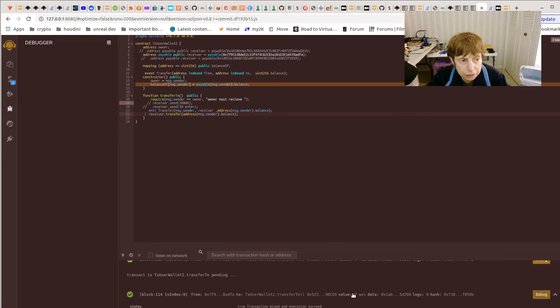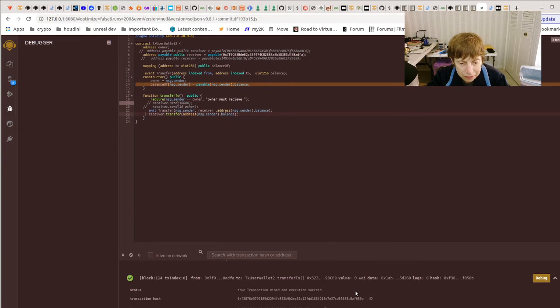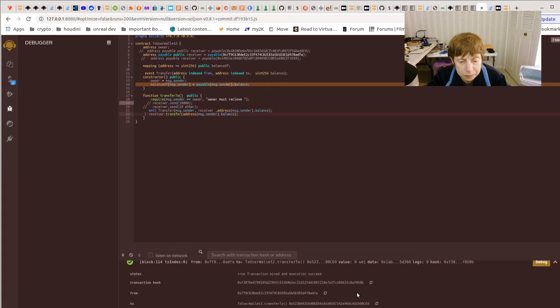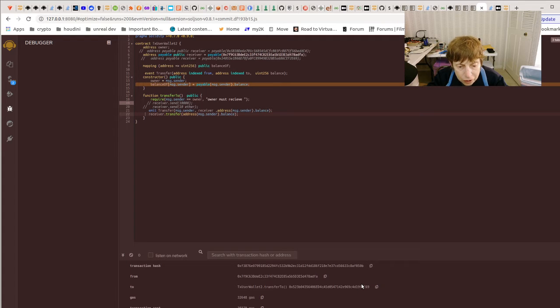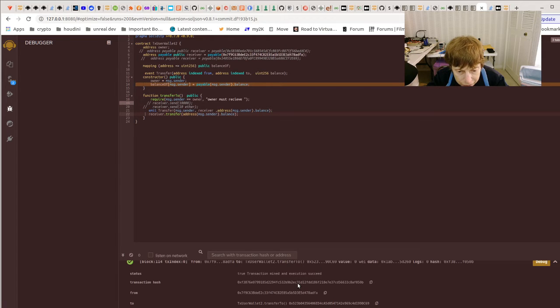Sometimes there's essentially a bug in Remix where the debugger decides not to work. But you can see transfer from, transfer to. So transaction hash, let's go back up here.